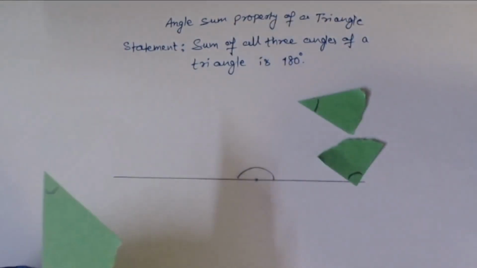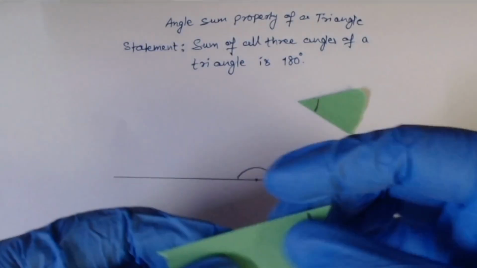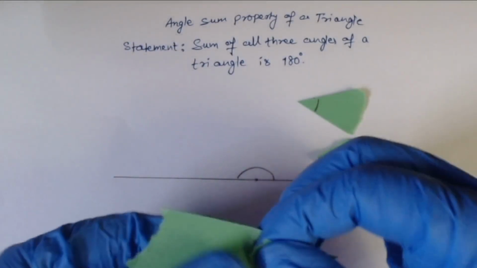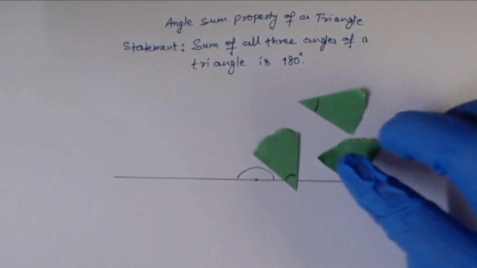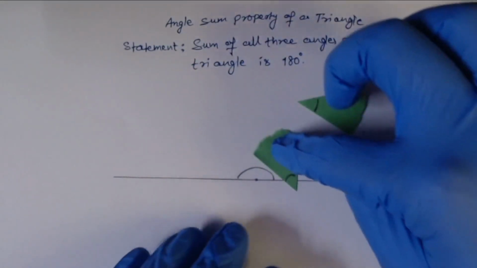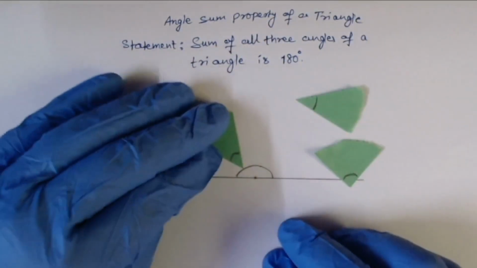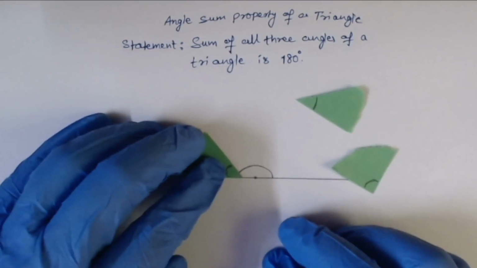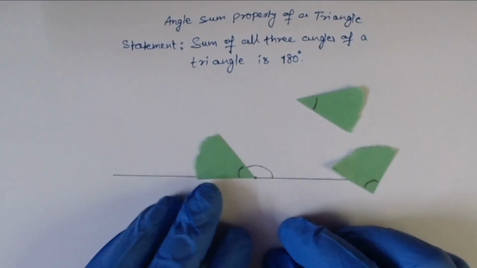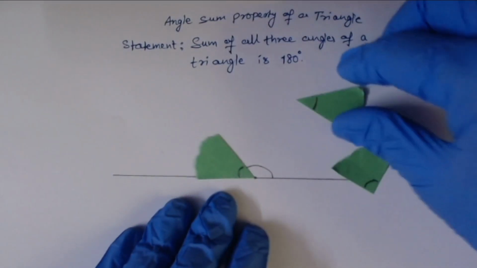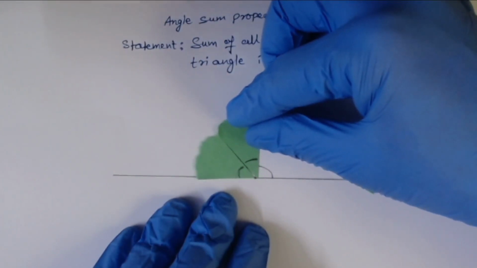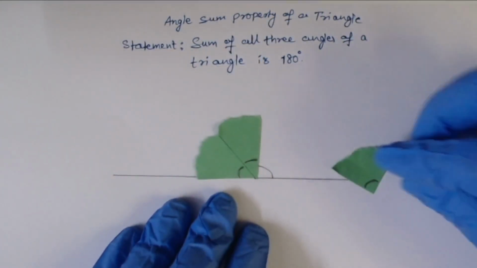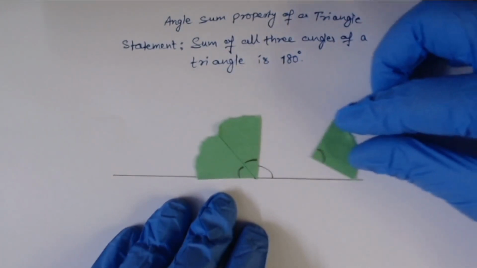The second one, and then the third one here. Now what I'm going to do is I will put all three angles on this point. I want to check if they're exactly covering the straight angle. And now this one.